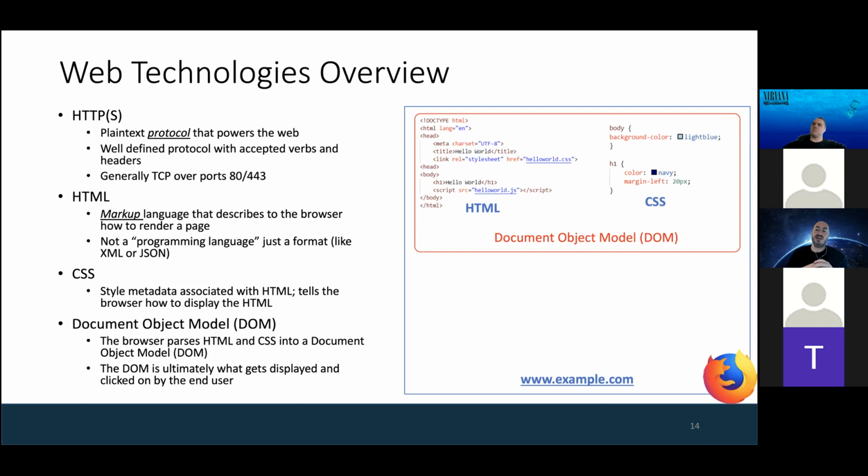And that all is hosted in the DOM. We live in the DOM when we live in the browser. Every time you load a web application or a web page, it's all loaded in the DOM: HTML, CSS, formatting, and a lot more that goes with it. We'll talk a little more about the DOM. Basically, the DOM is what you see.